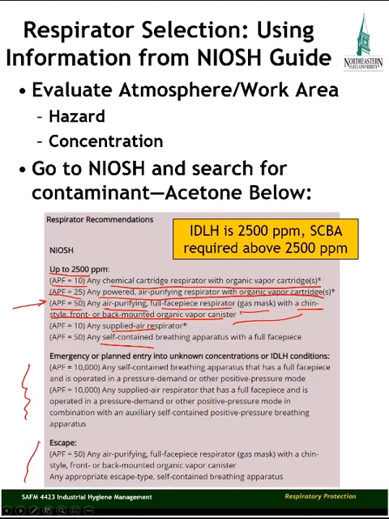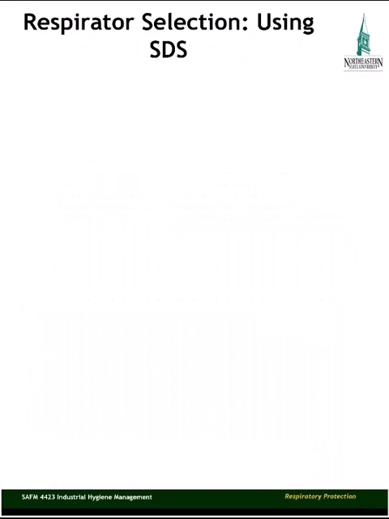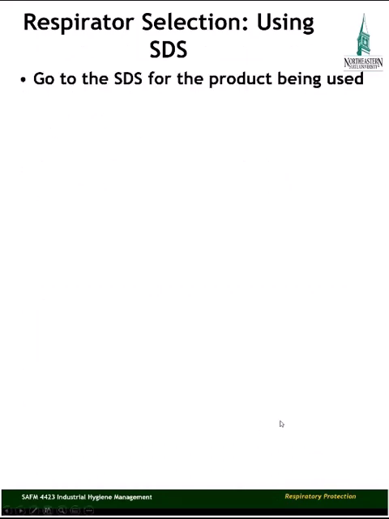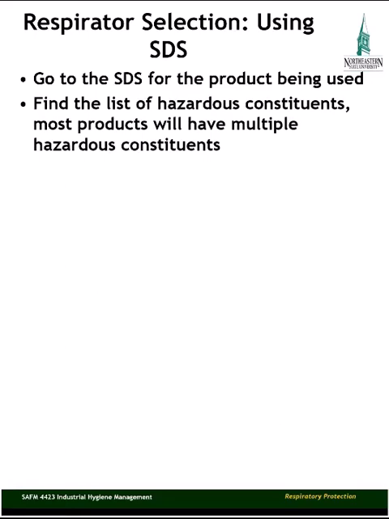Now, what if we can't find any information in the NIOSH guide? We search NIOSH far and wide, we can't find anything. In that situation, we go to the SDS, possibly. Go to the SDS for the product being used. That SDS will have a list of hazardous constituents.